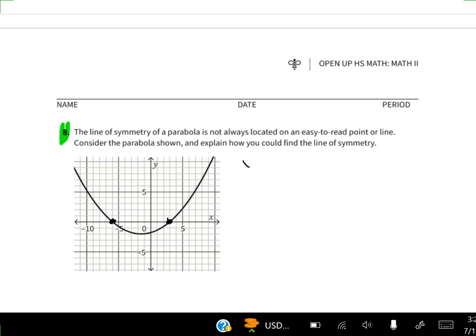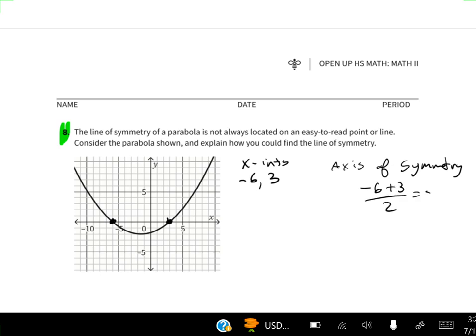So the x-intercepts in this case are at -6 and +3. And if we were to take the average of those two, we'd be able to find the axis of symmetry. So we're going to take the average of those two.